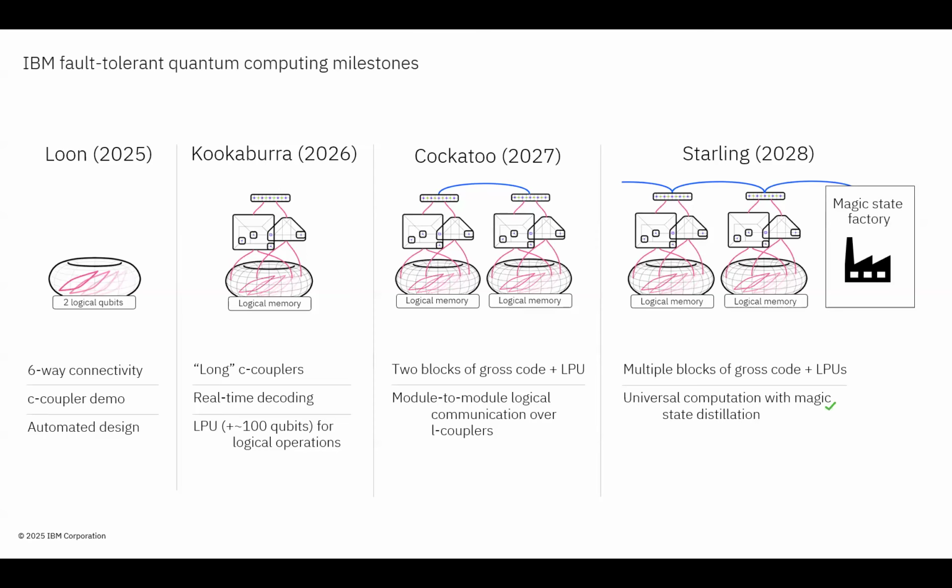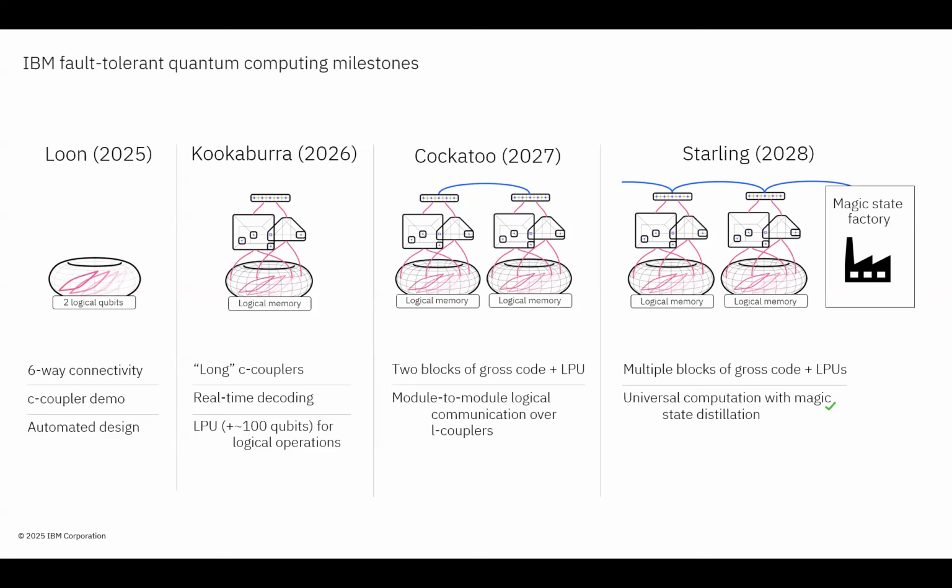Then in 2026, we want to have the possibility to use the gross code plus the logical processing unit, the so-called LPU. And we will just use those long C couplers and this LPU as a logical memory.